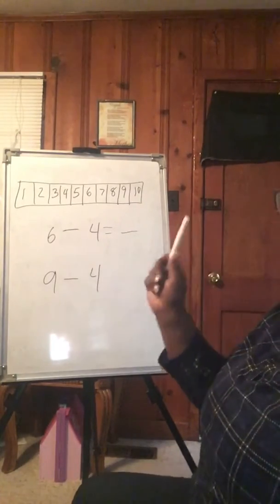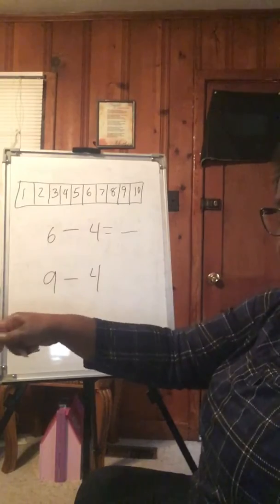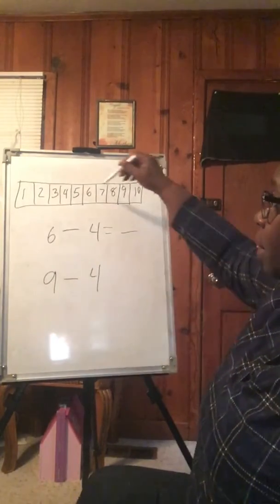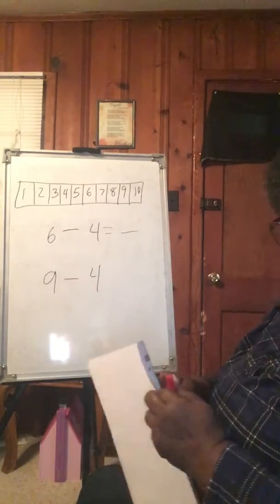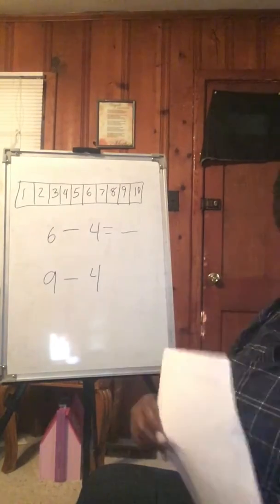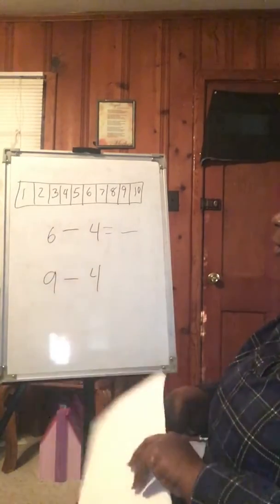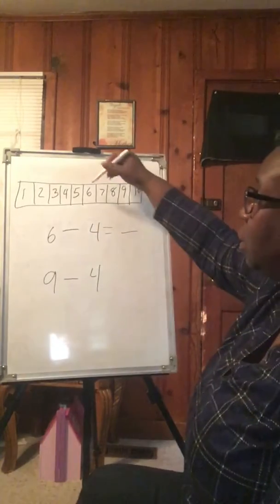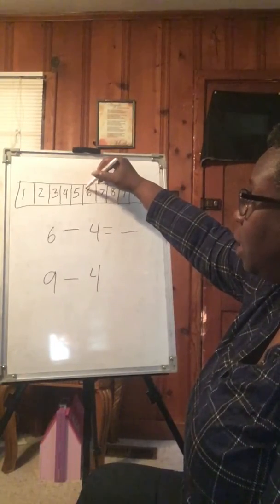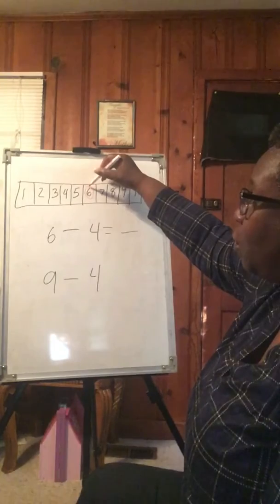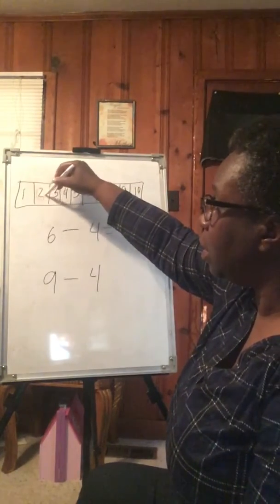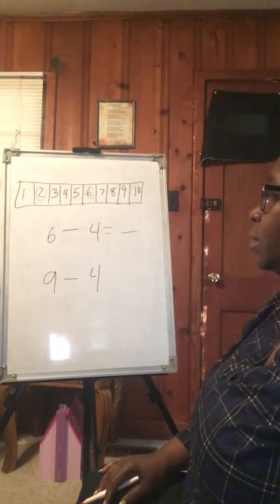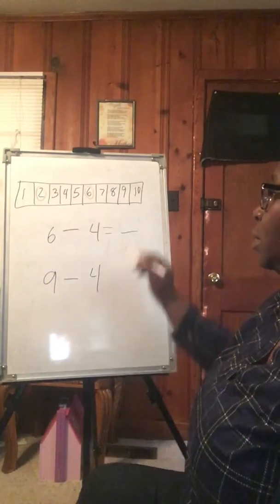So minus, we said we're going down in numbers to the left. So if we have 6 minus 4, okay, so let's start at our 6. Starting right here. Go back 4. 1, 2, 3, 4. And that gave us 2.